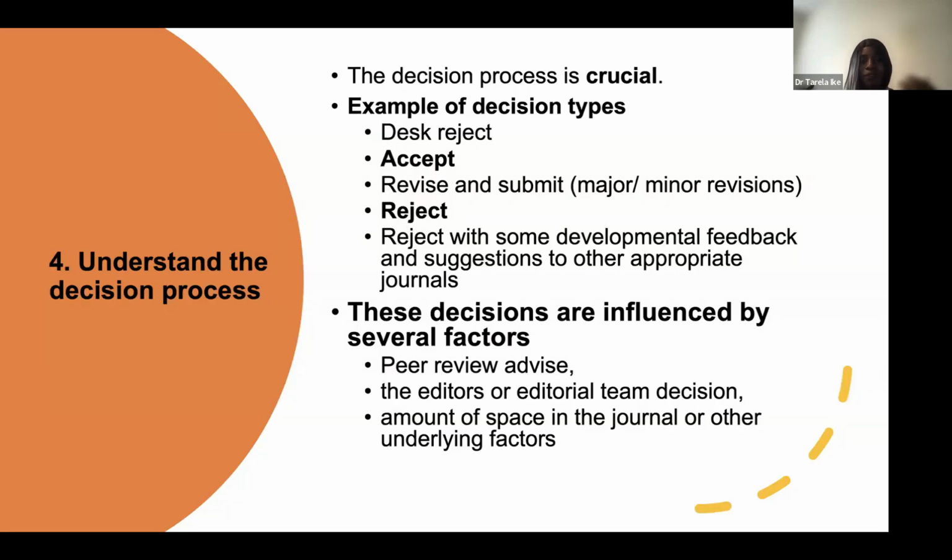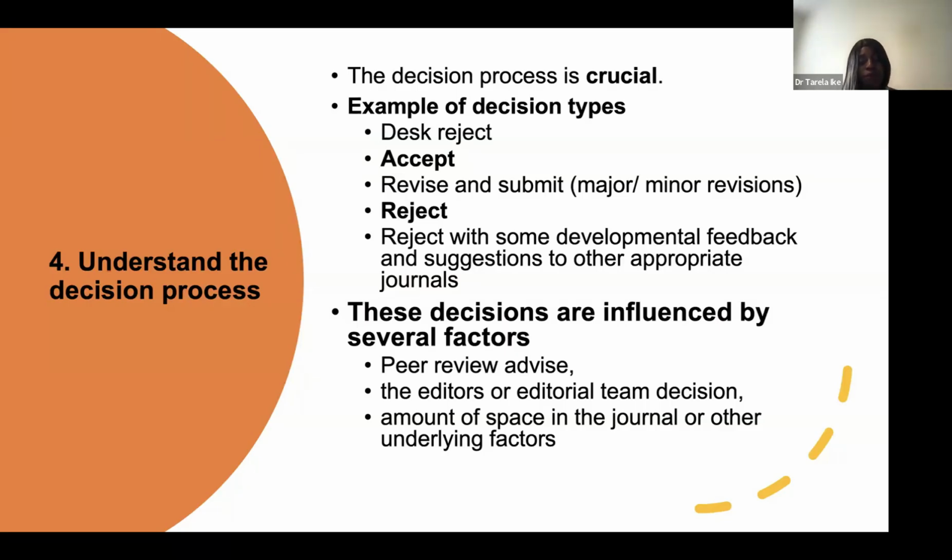So we might like a manuscript, send it out for peer review, and then the peer review comes back with very negative comments. And those comments, if they're constructive in terms of the quality of the manuscript, its methodology, and things like that, then we might, for example, reject it.